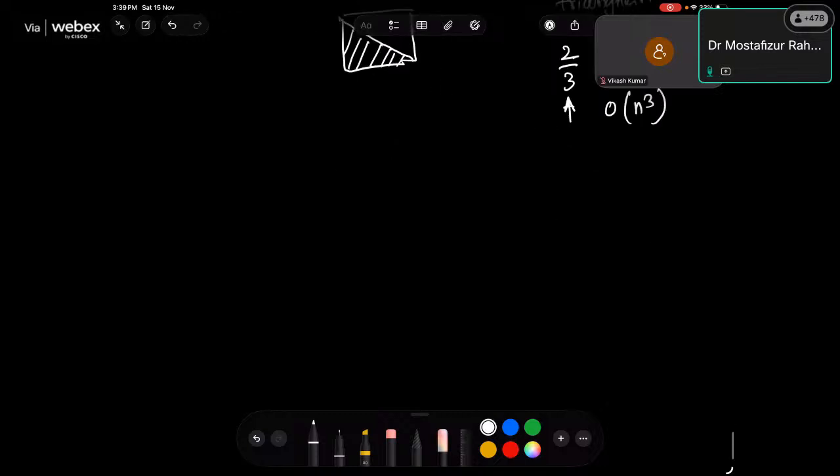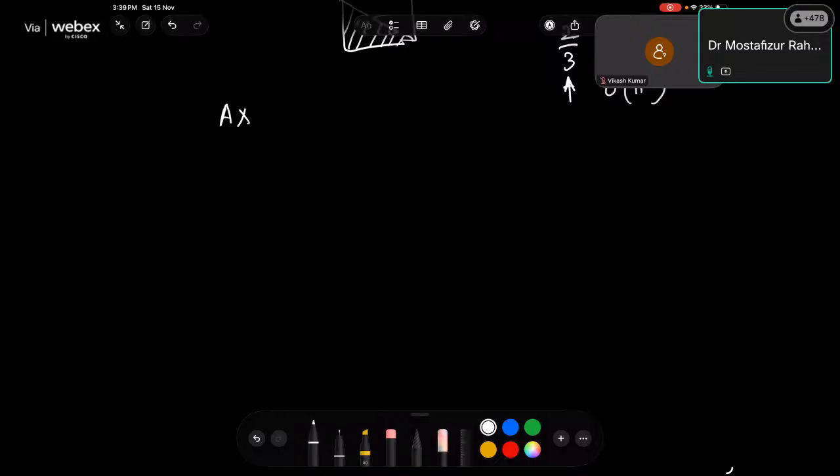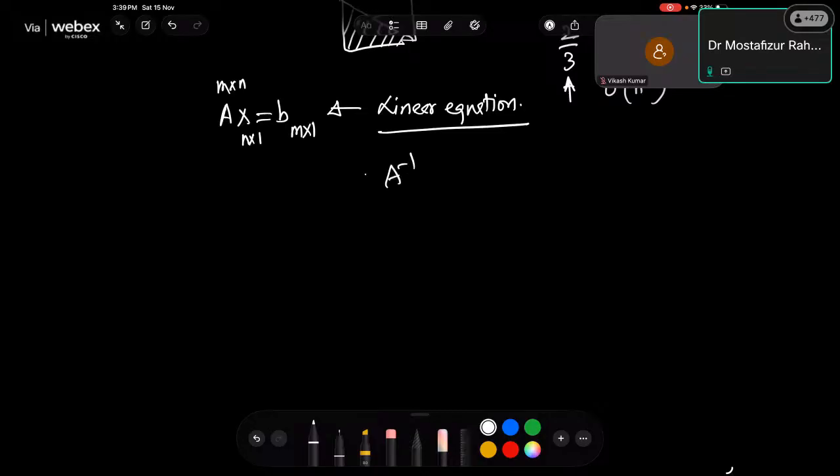Now, suppose my matrix is something like this. Suppose AX equals B. Suppose A has M cross N, X has n cross 1, and B has m cross 1. This is my linear equation, right? Now, of course, I cannot calculate this A inverse directly.